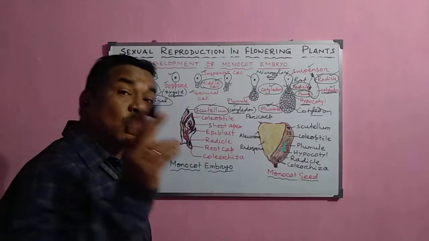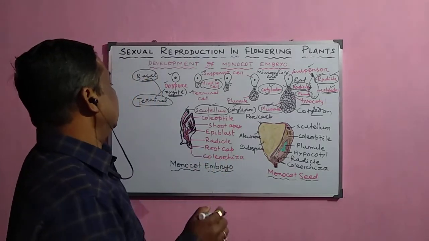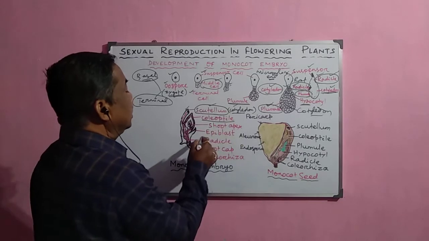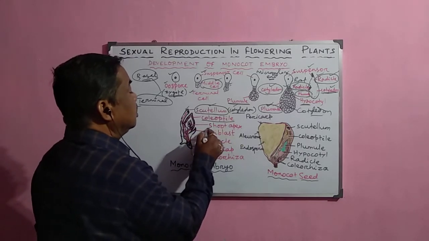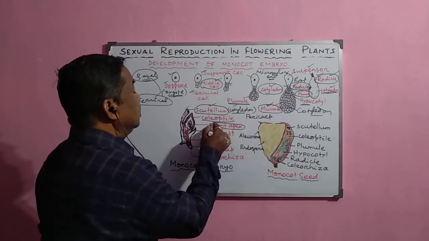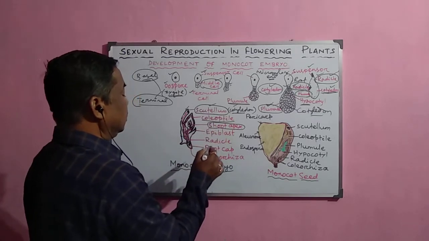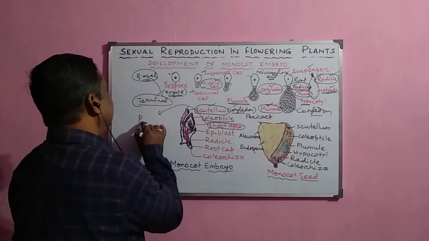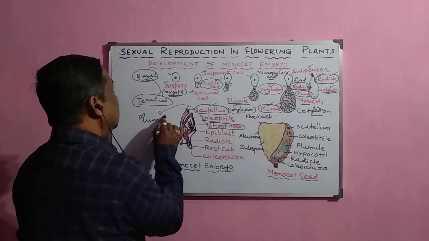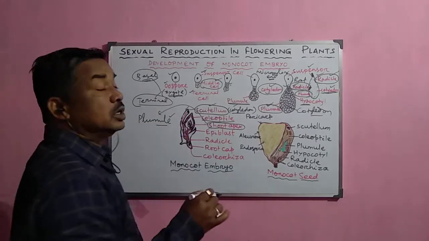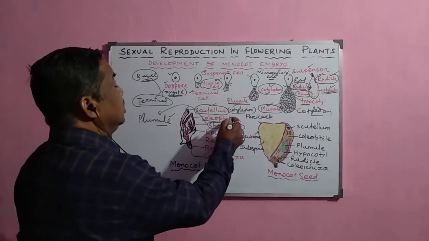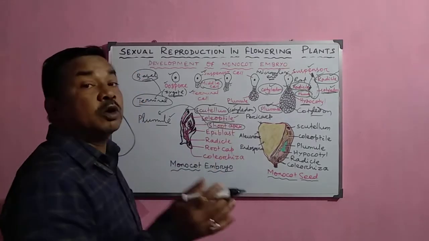Now this part is the coleoptile. This coleoptile covers the developing shoot apex. The shoot apex is also called the plumule. This plumule later develops into the shoot, and it is covered by the covering called the coleoptile.